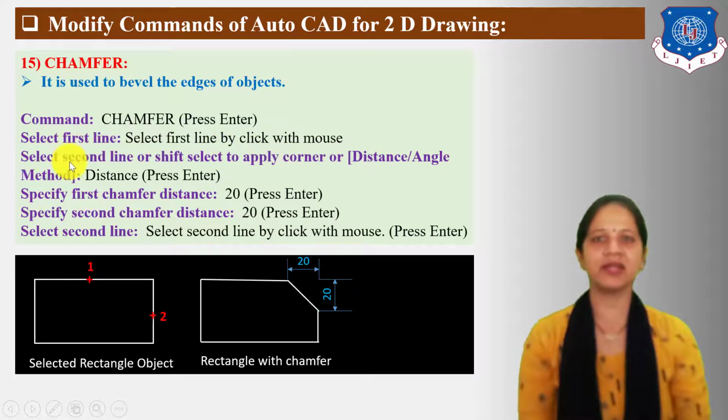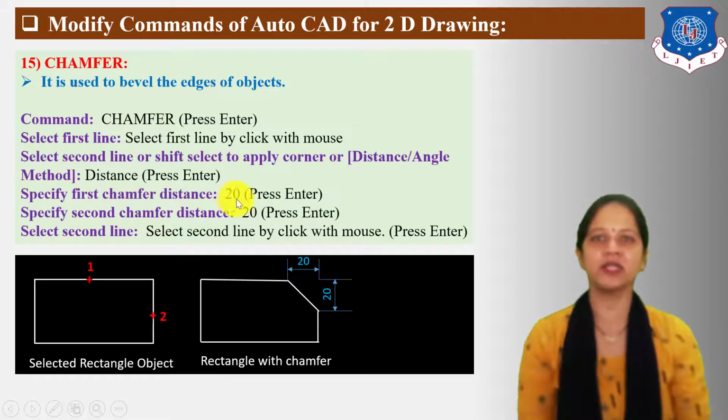Then the next statement displayed is select second line, or shift select to apply corner, or distance, or angle method. Here I have taken distance. So type distance, then press enter. Next it asks to specify first chamfer distance.